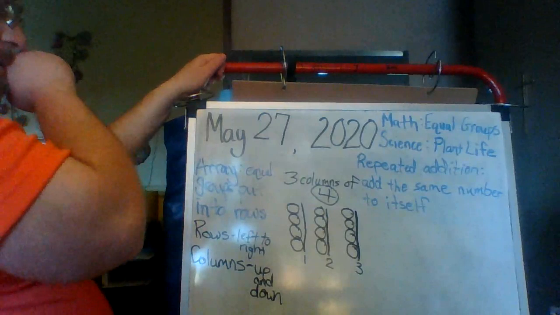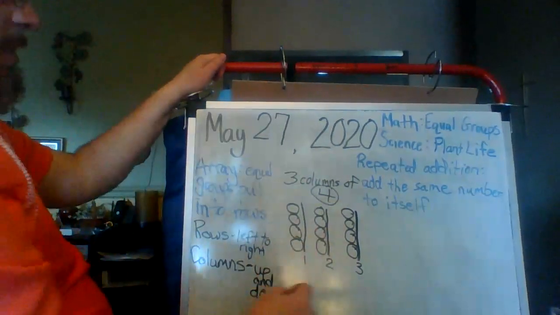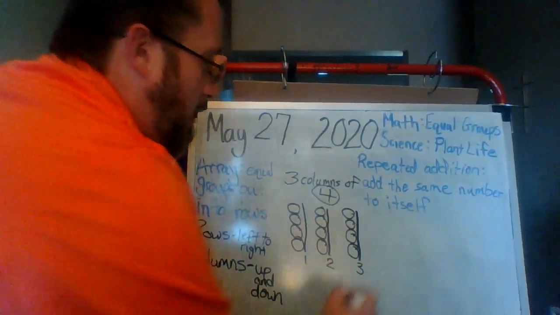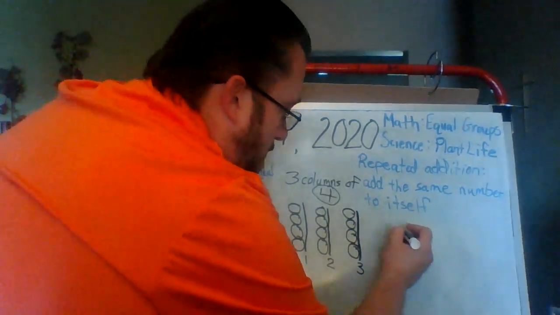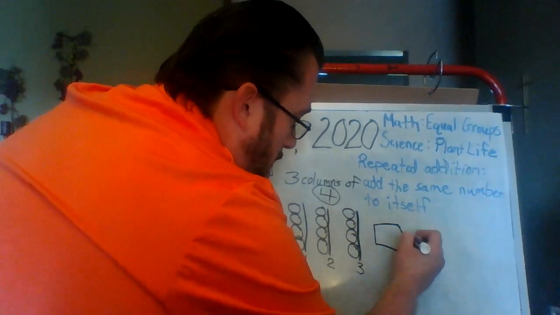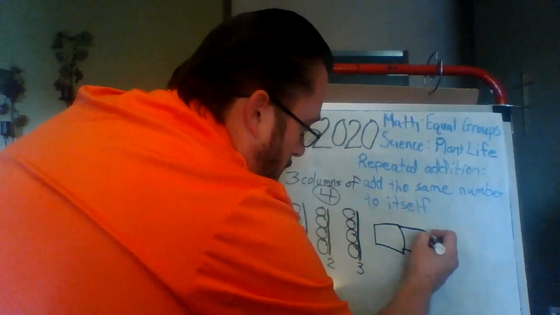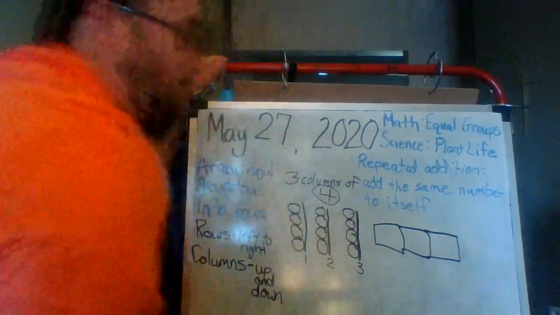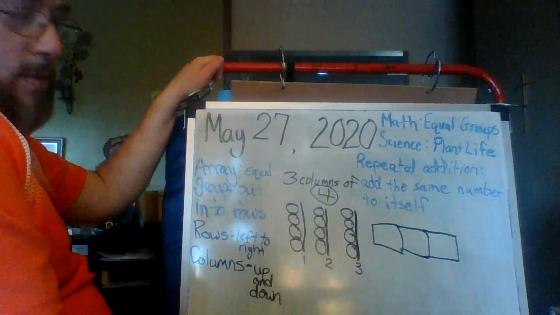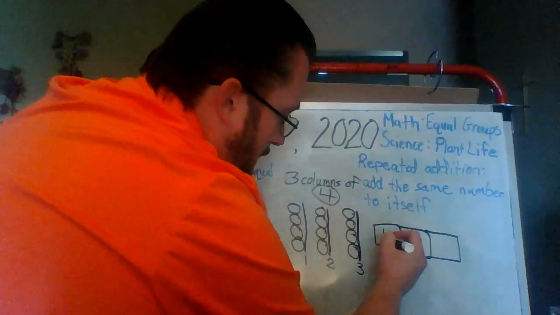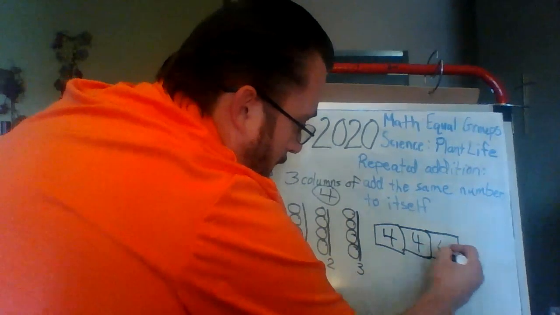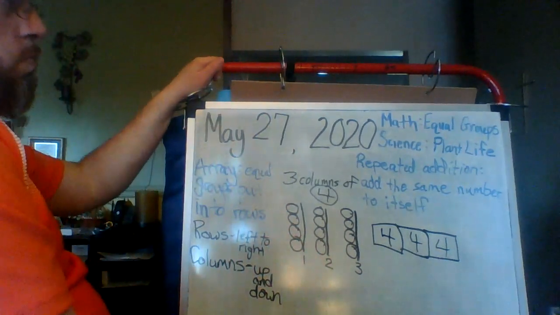Now let's say, well, I want to model this. I can model this using a tape diagram. I had 3 columns. 1, 2, 3. There's my 3 boxes. And I have 4 in each column, so I need to put 4 in each box.